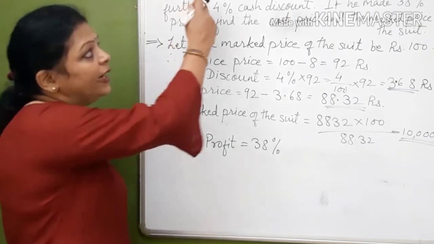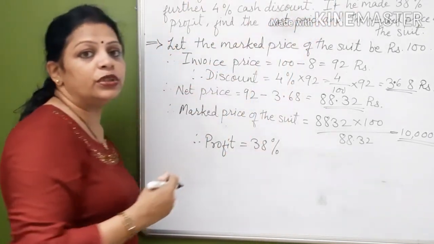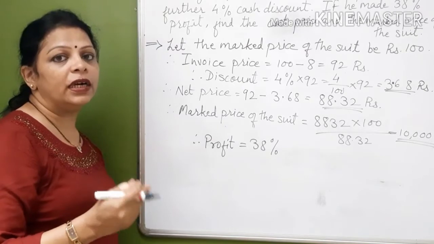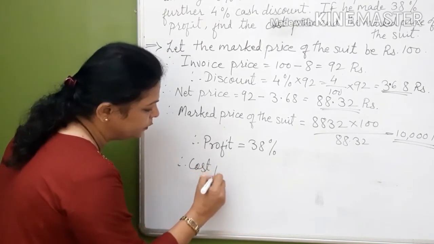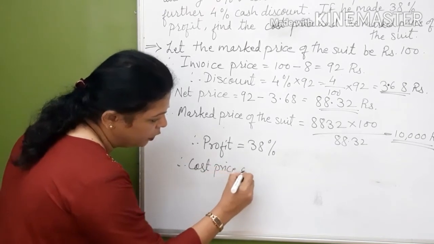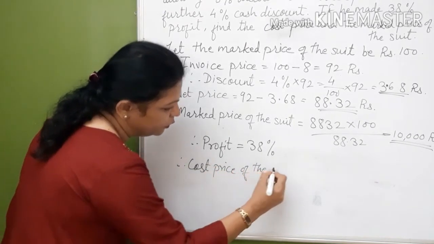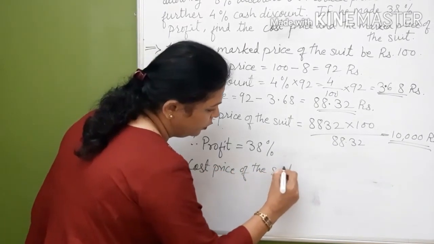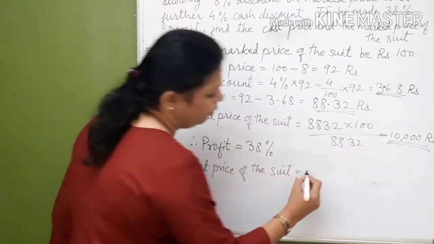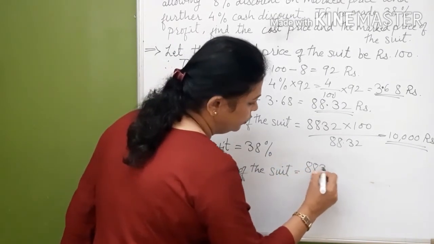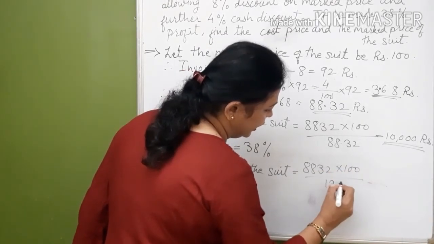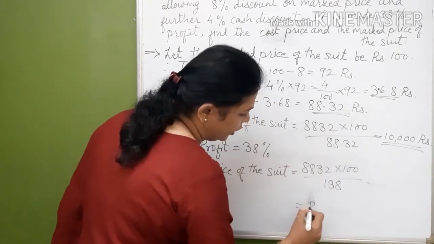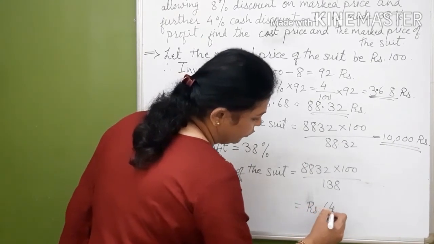So now our selling price is 8,832 and for that we have to find the cost price. So we will write therefore cost price of the suit is 8832 into 100 upon 138. This comes equal to 6,400.